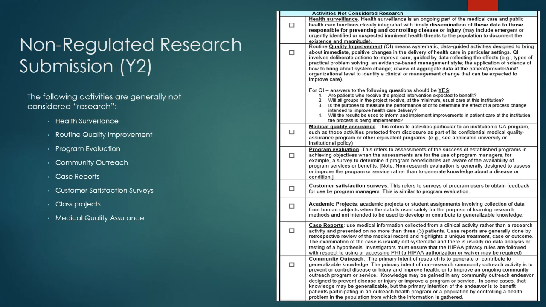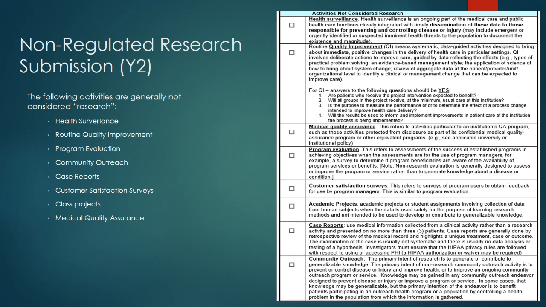For instance, the quality improvement submission will be any activity designed to bring about an immediate or positive change in the delivery of healthcare in a particular setting. Most of the time when we see this kind of submission, it will be something that's specific to a process in, say, Parkland or Children's, or maybe here at UT Southwestern.